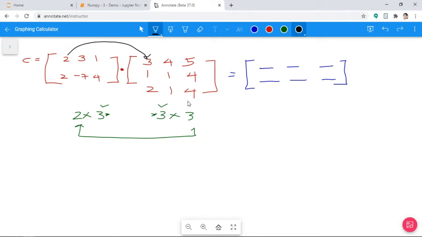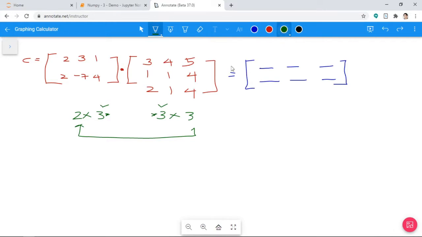Let me clear. Another one, you multiply this one. I'm sorry, 2 times 5. So you multiply this one: 5, then 3, 4, then 1, 4. Okay, so let's do that now. Let me just undo it.